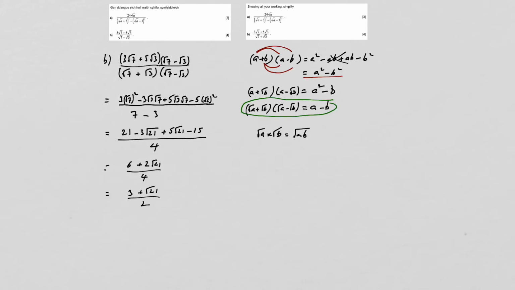And for a check here, we could put both the original and the final into our calculator and see if they match.